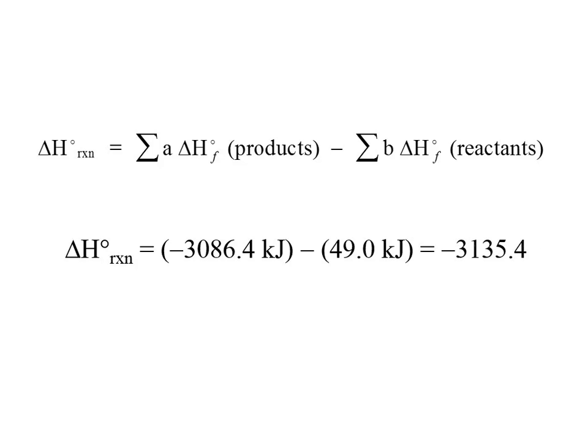We take that negative 3,086.4 kilojoules from the product side, and from that subtract the positive 49.0 kilojoules of energy from the reactant side. We come up with a change in enthalpy for the reaction of negative 3,135.4 kilojoules of energy, and that's it.